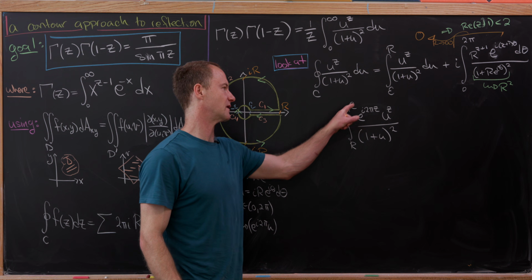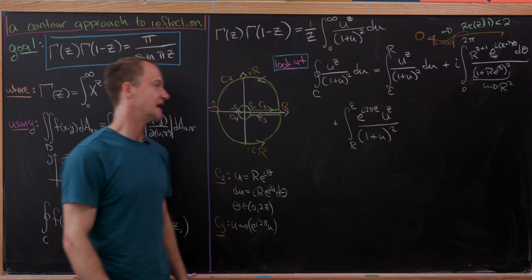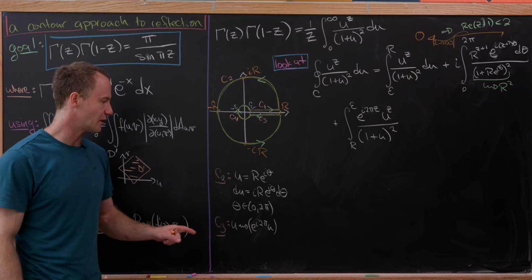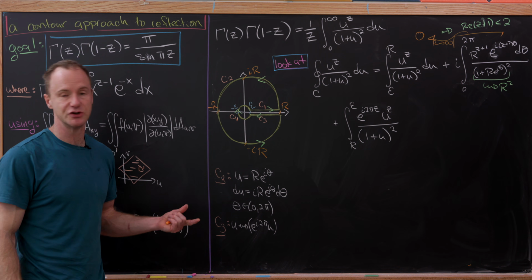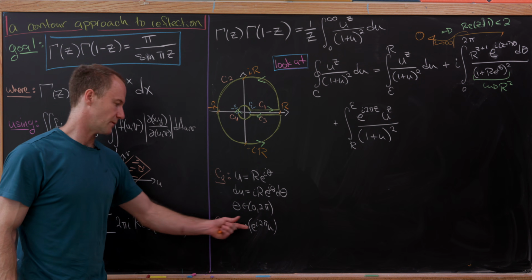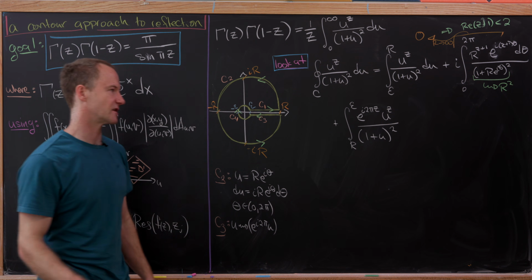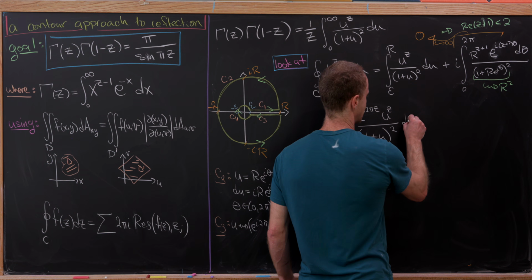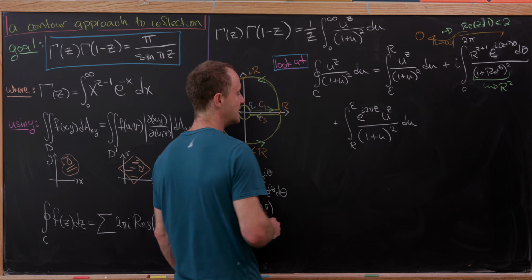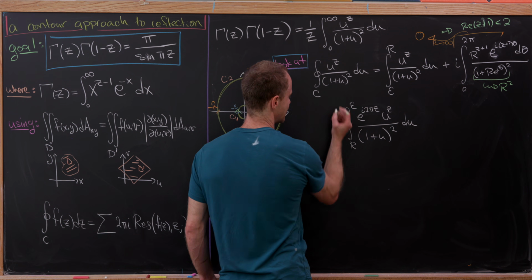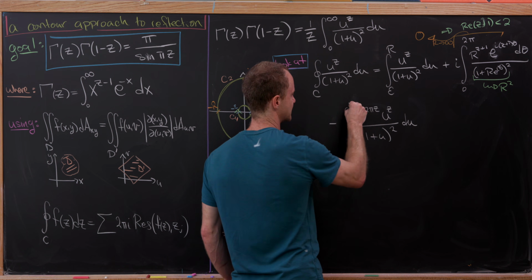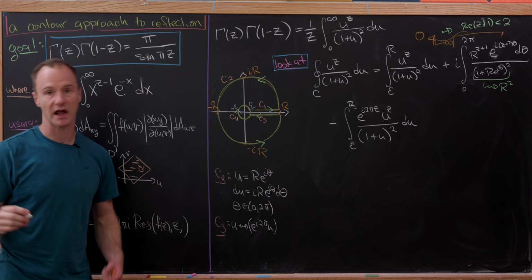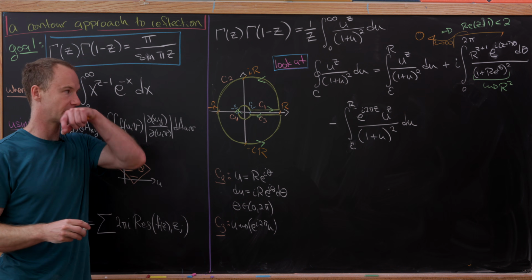So this is how we let this take an effect, where we've got this u to the z. And then what about du? Well, du will be simply e to the i 2 pi du upon this simple change of variable, so that's not really going to contribute anything either. So there we've got du. Now next up, I'm going to turn this into a minus sign and change the order of the bounds of integration, just to make it work with what we've got a little bit better.